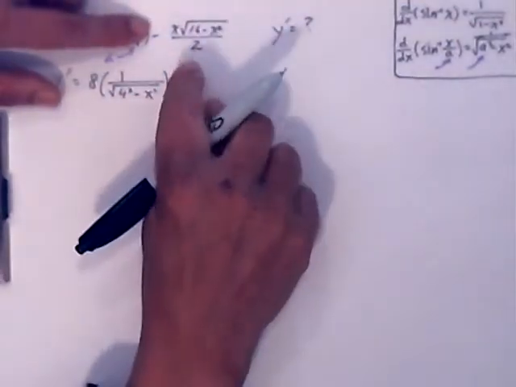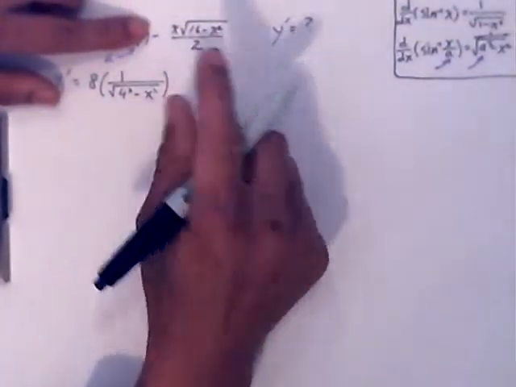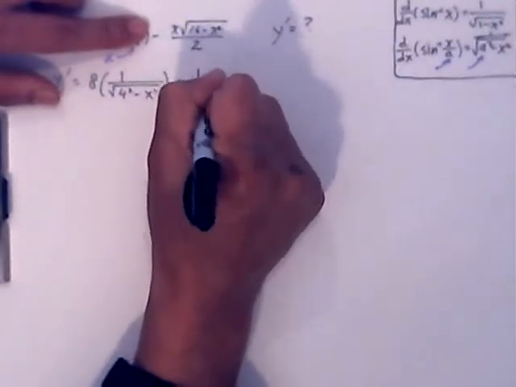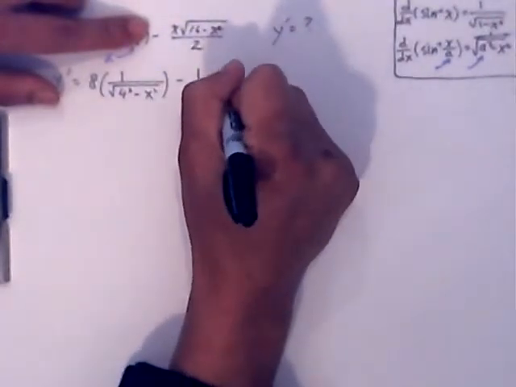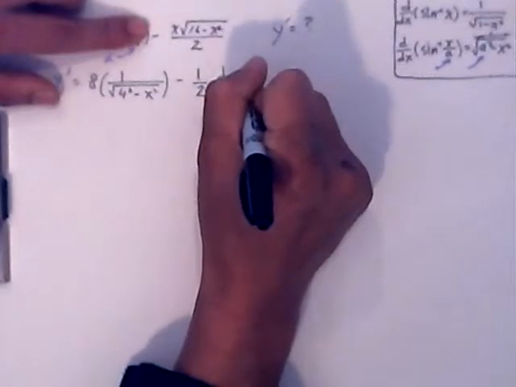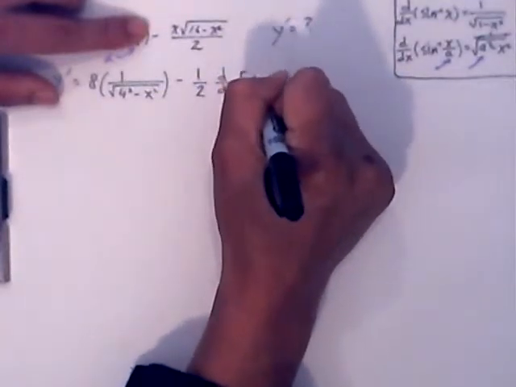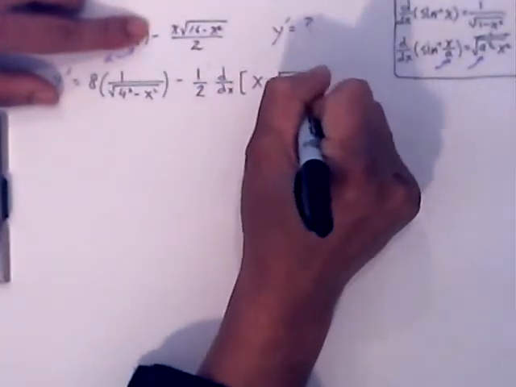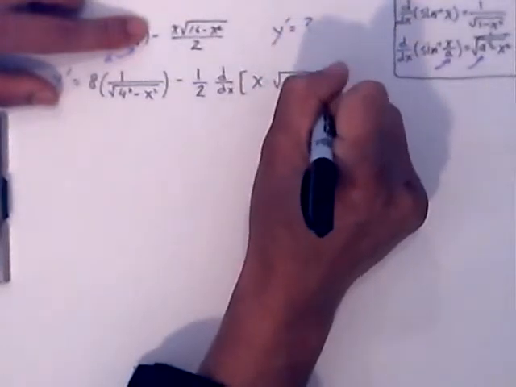And then the 2 in the denominator is 1/2, so I'm going to factor out 1/2, and then times the derivative with respect to x of x times the square root of 16 minus x squared.